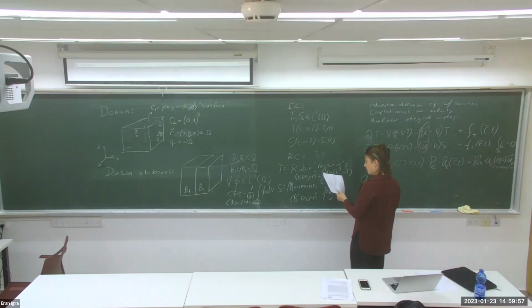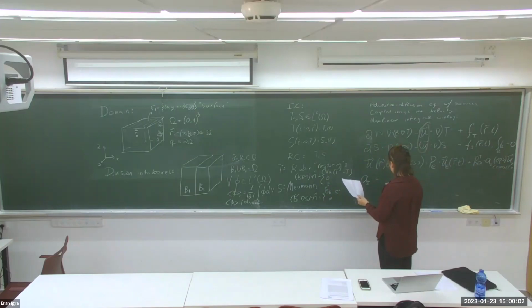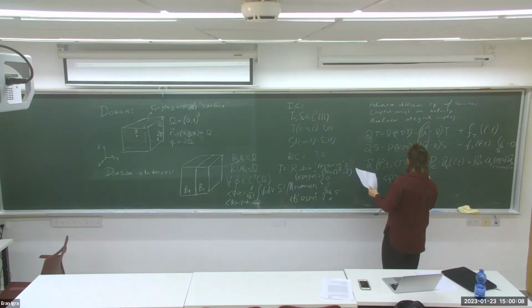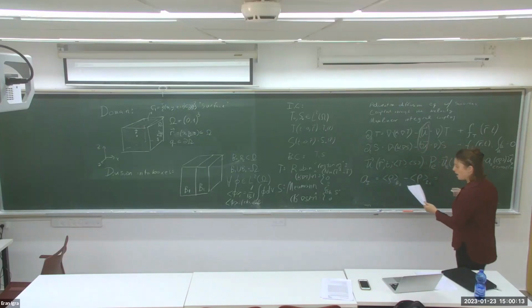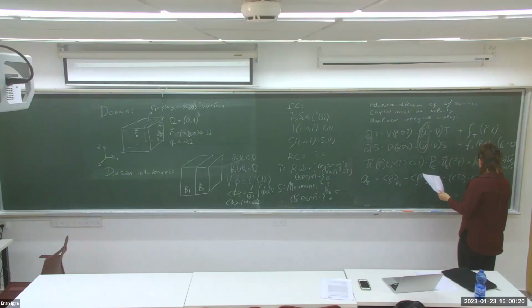AI is just the density in box 2 minus the density in box 1, which is basically in renormalized parameters, it is minus the temperature difference coefficients times the salinity difference.